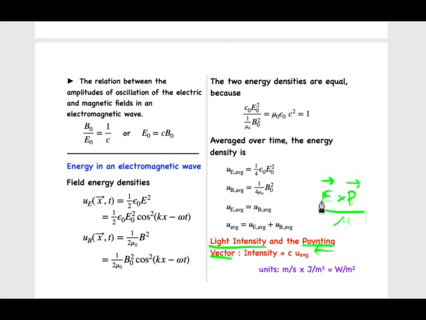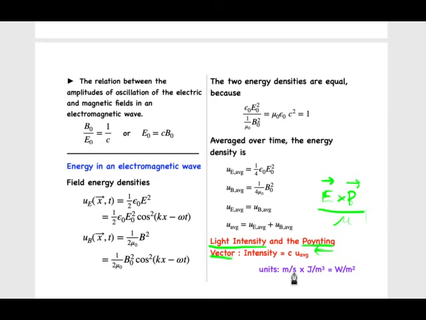How much energy does it transport per unit time? Well, that's called the Poynting vector. And you'll have to read about this in the book, but the final result is that that's equal to C times the energy density. We can check the units. C is meters per second. Energy density is joules per cubic meter.